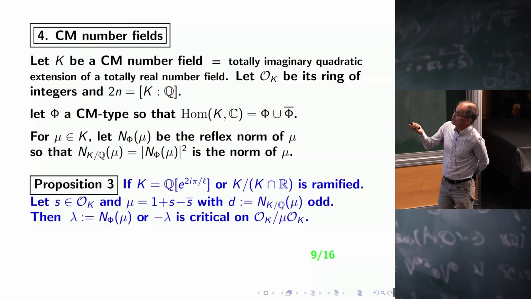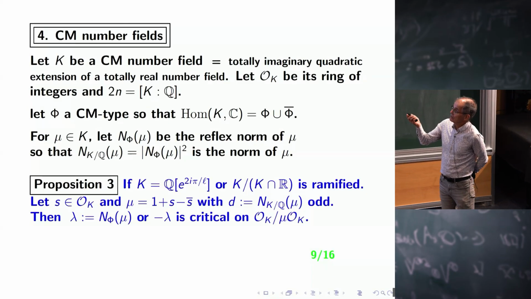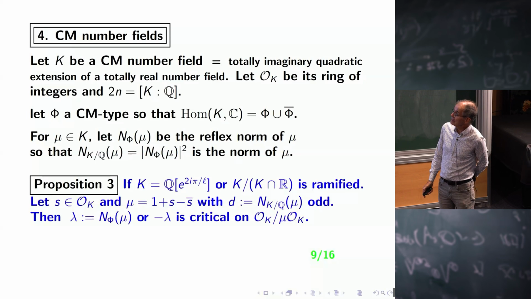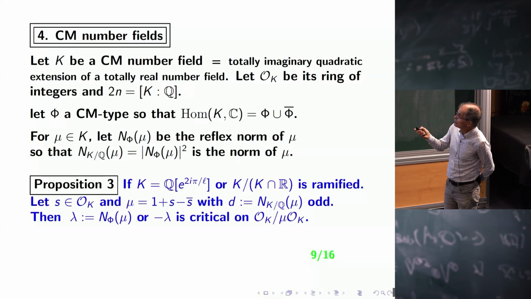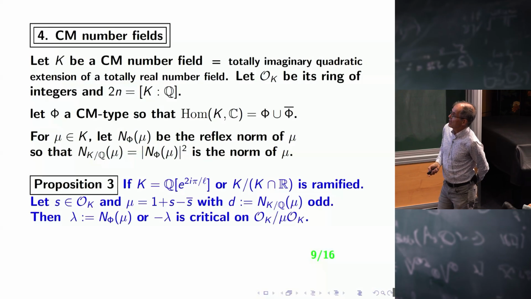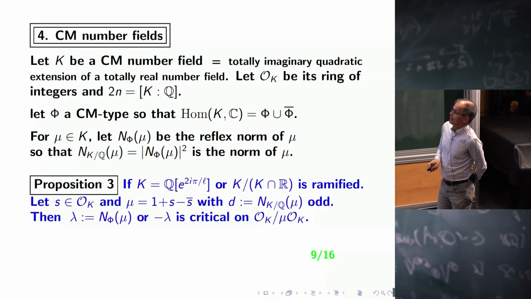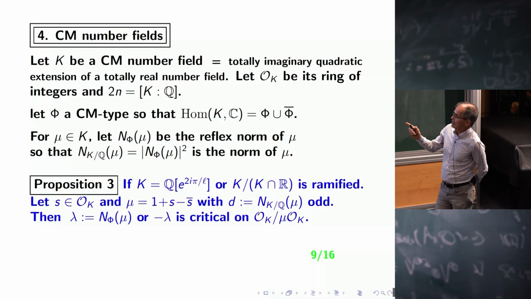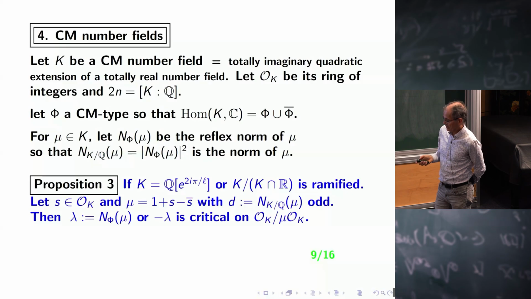If you, for instance, choose for K the cyclotomic field, or if you assume that K is ramified at a finite place over its real subfield, then, so this is some assumption. I can remove this assumption, but I want the statement to be simple.